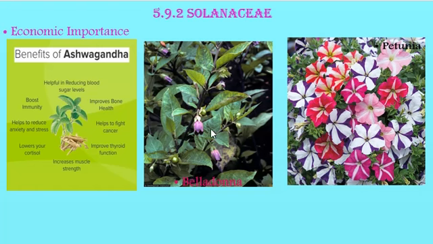And some plants from this family are medicinally important. We extract some chemicals from such plants and we use them as medicines in Ayurveda and homeopathy. The first plant is ashwagandha. The chemicals isolated from this ashwagandha plant are used to prepare some medicines, and these medicines are helpful in reducing the blood sugar level, improve bone health.